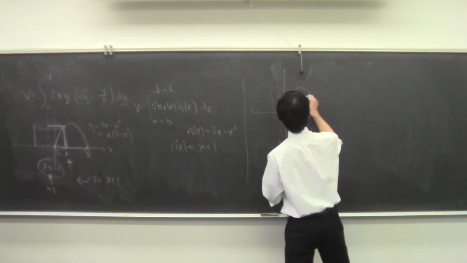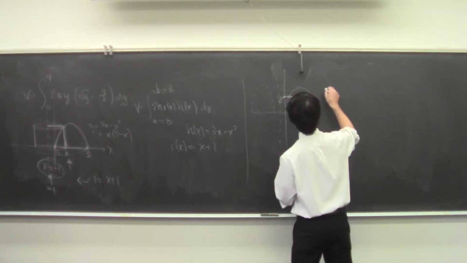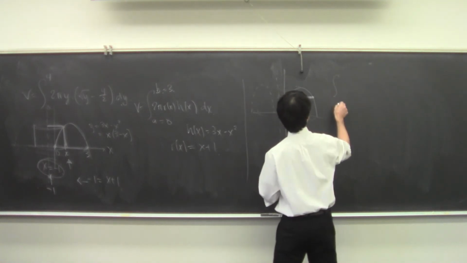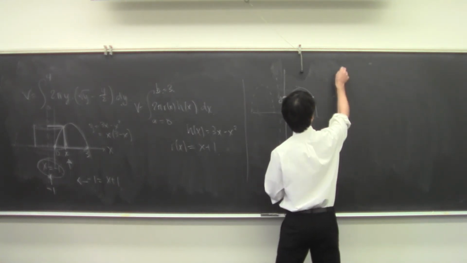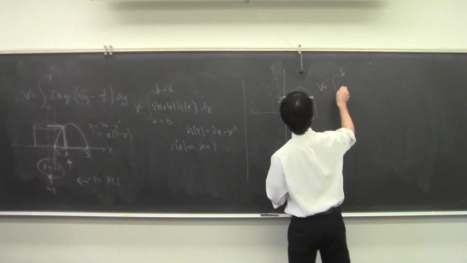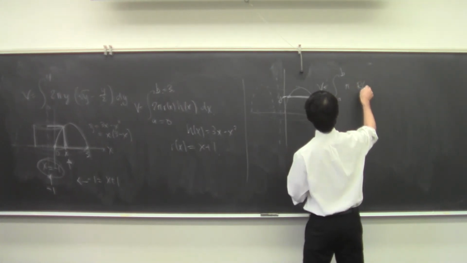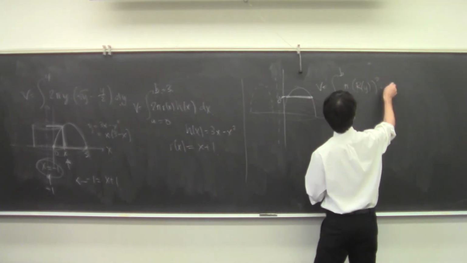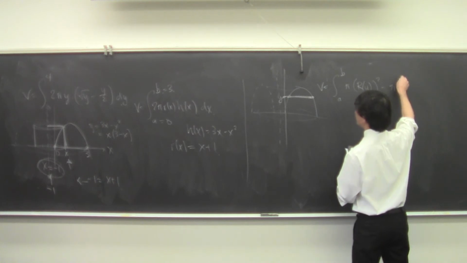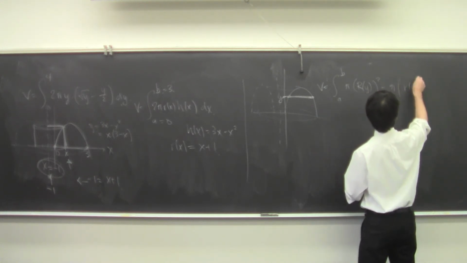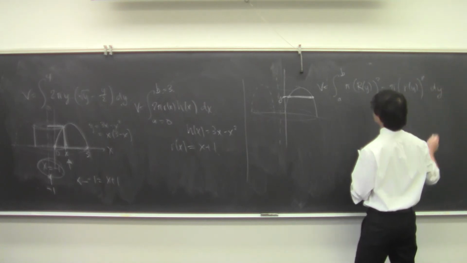So we would need the integral between something and something, pi big radius squared minus pi little radius squared dy.